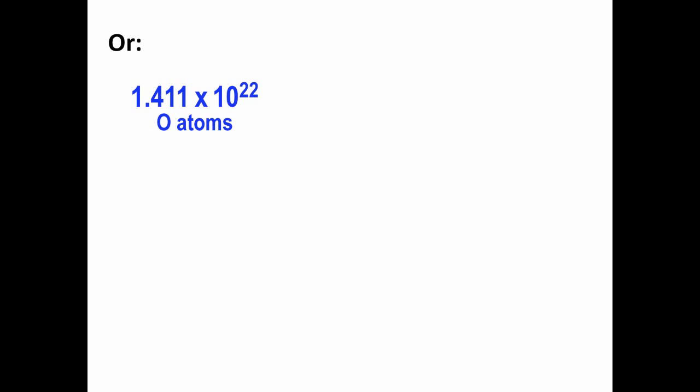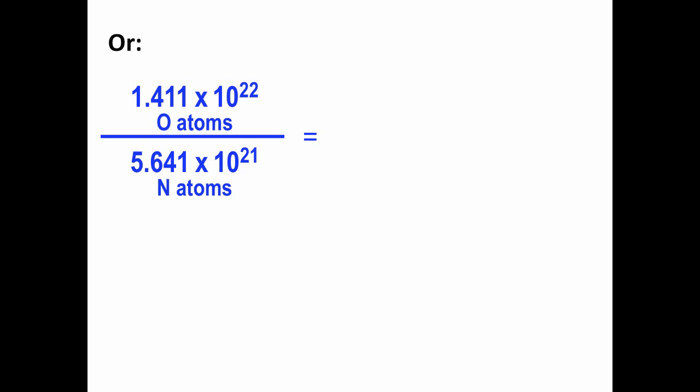And of course, we could have done this with atoms. And again, my preference is divide the bigger number by the smaller number. So 1.411 times 10 to the 22nd oxygen atoms divided by 5.641 times 10 to the 21st nitrogen atoms, we get 2.501, same thing as before.